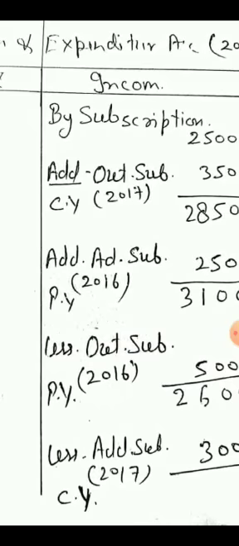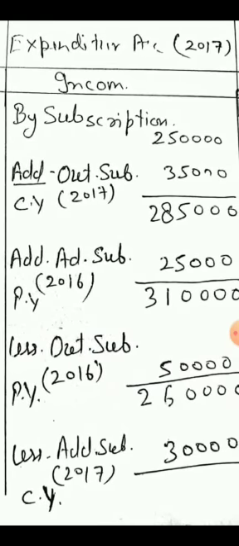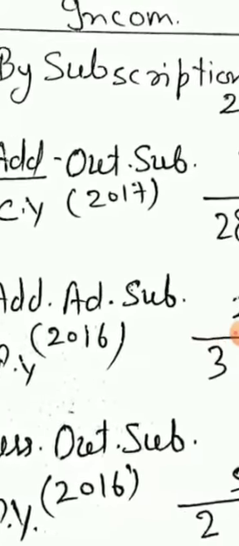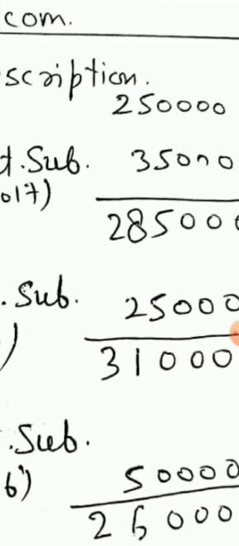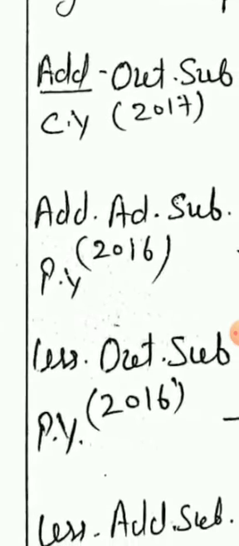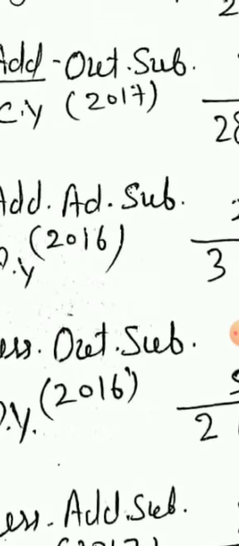First, we are showing by subscription 2,50,000, then add outstanding subscription 35,000 current year, then add advance subscription previous year.